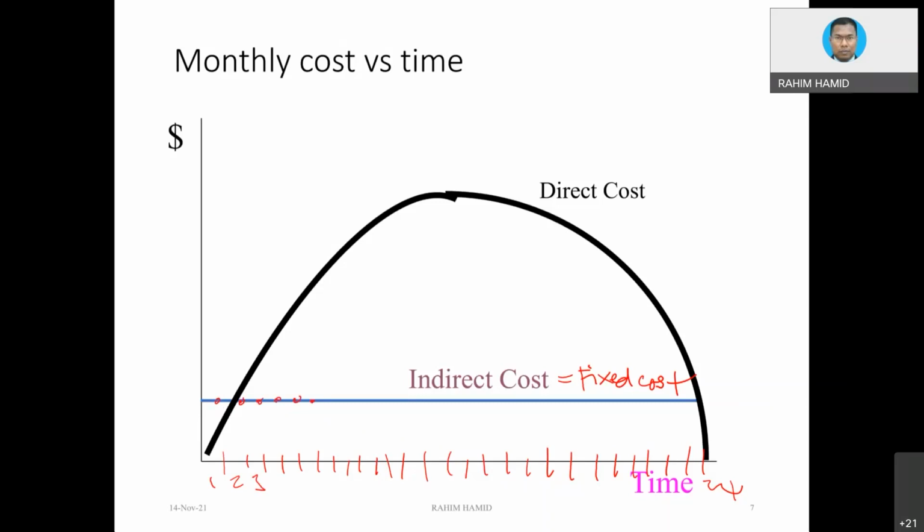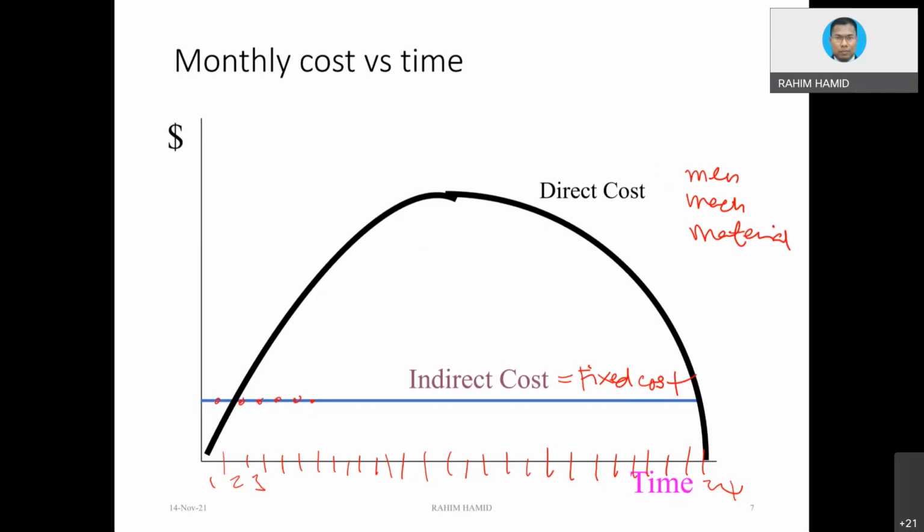Whereas the direct costs, because they relate to the man, machine, and material, for sure when you just start the project, you are not going to have a lot of activity around, isn't it? The activity is going to build up.